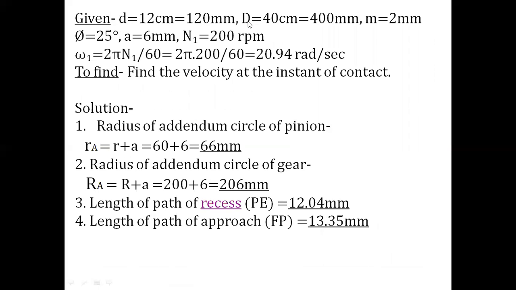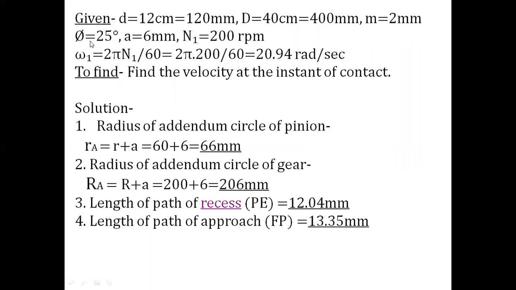Now come to our actual problem, in which one diameter is given as 12 centimeter, that is nothing but 120 mm, and the other diameter is given as 40 centimeter. That means this is the gear and this will become the pinion, the smaller diameter is the pinion. So the diameter of gear is 400 mm and the pitch circle diameter of pinion is 120 mm.